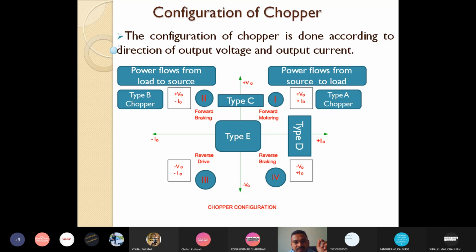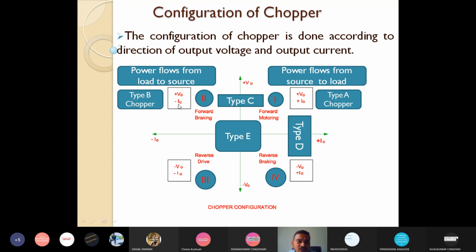Type B chopper is known as the second quadrant chopper, because in this type B chopper the output voltage remains positive but the output current remains negative. Negative output current means the direction of output current is reversed compared to the first case.